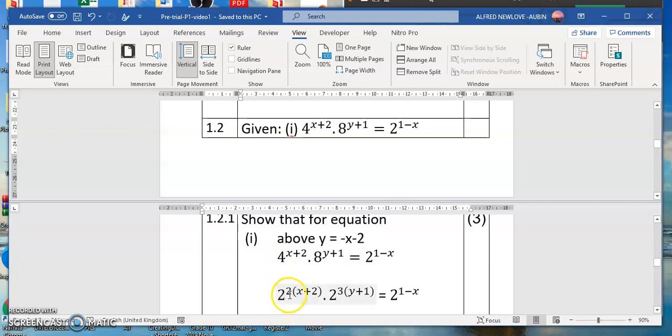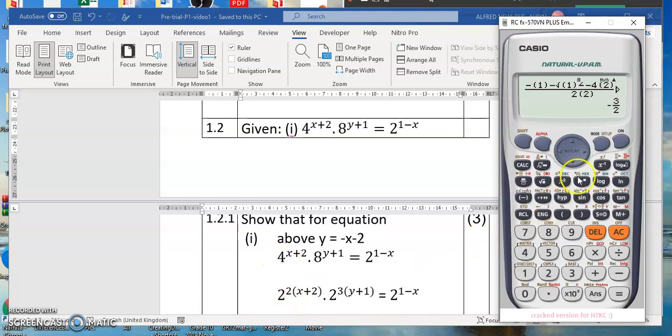Alright, 2 squared gives you what? 4. Let's check on the calculator. 2 squared is what? 4. So you see that I've written it as an exponent, but already we have this exponent there. So this 2 is going to multiply it. Then this 8, we can also write it in base 2.